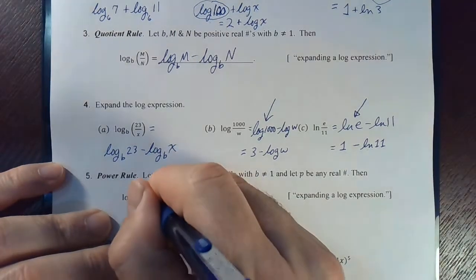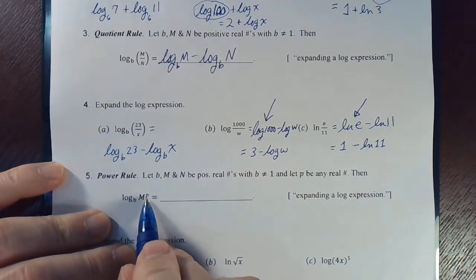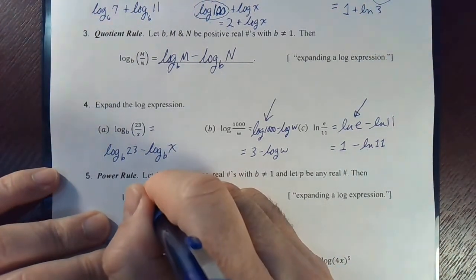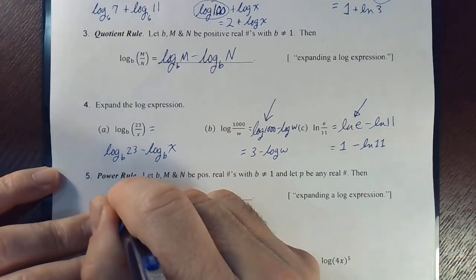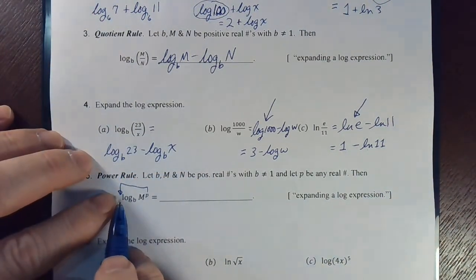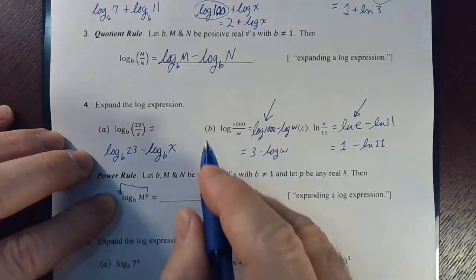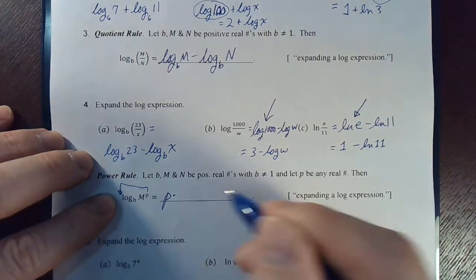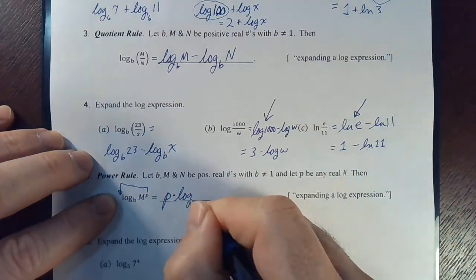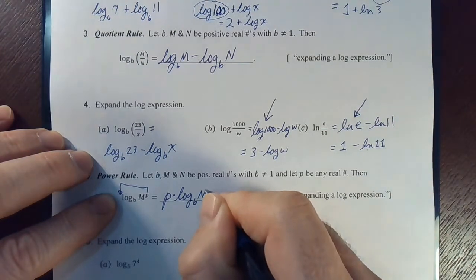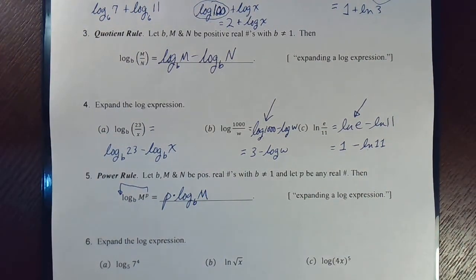Basically, all that means is you can take the exponent p and move it down to the base level and multiply it in front. P times log base b of m. Okay, so if you're multiplying a log by something, you can either just put the p out in front, or you could make it an exponent of what you're taking the log of, like right here.